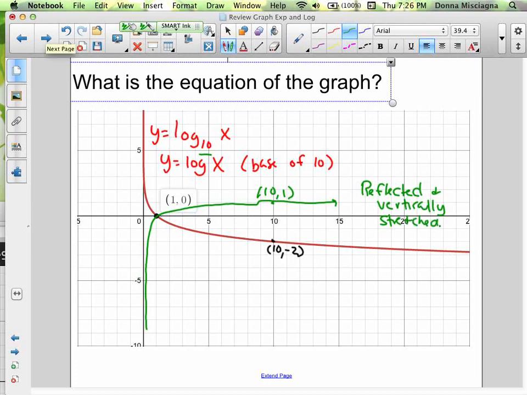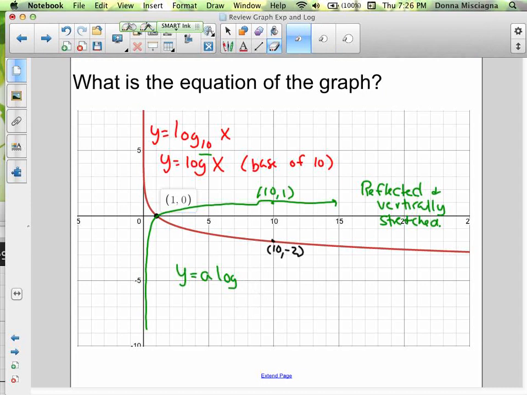All right, so now looking at taking our equation and realizing that we must have multiplied by something, because notice our graph isn't shifted. We went through the point (1, 0). We're vertically stretched and we're clearly reflected. All right, so we have y equals a log x.